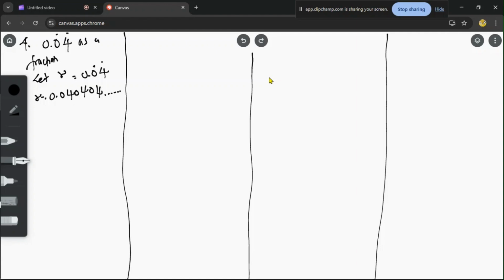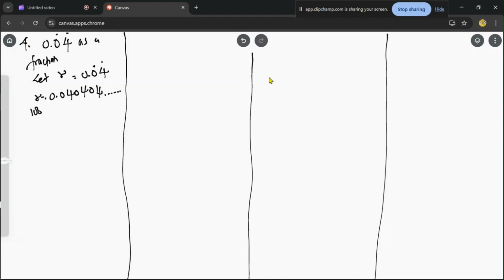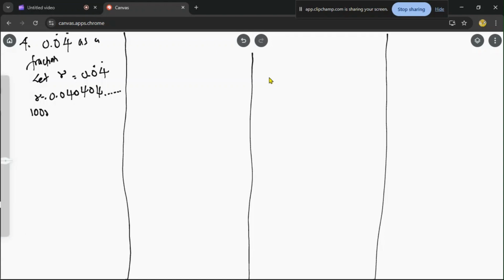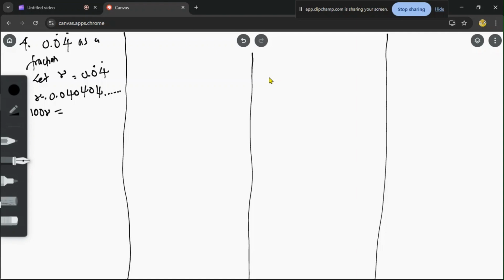What is 100 multiplied by R? The answer will be 100R. So I write 100R equals, and what I do on my left, I also do on my right. What is 0.040404 multiplied by 100?